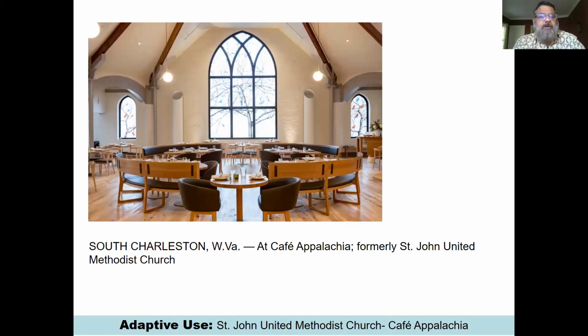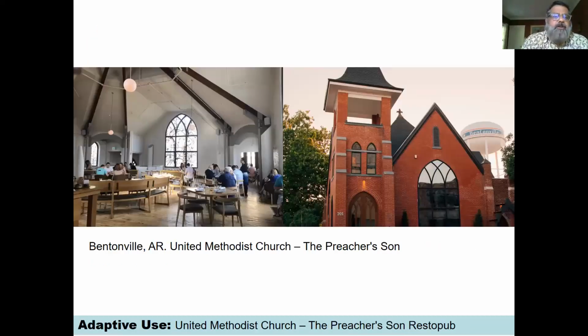Another way you can think about religious buildings is in South Carolina, where a small Methodist church is being used as a cafe. Another one in Bentonville, Arkansas, another Methodist church, which is used as a restaurant pub called the Preacher's Son.